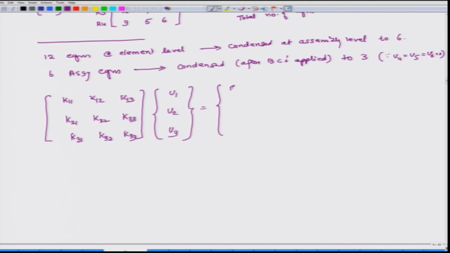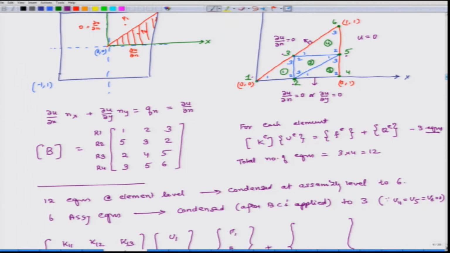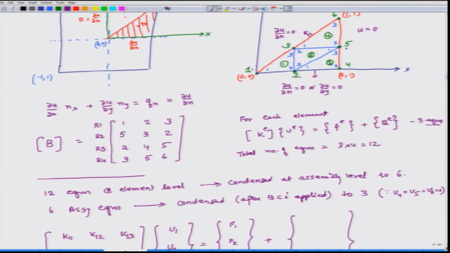And we will have F1, F2, F3 plus a Q vector. Now let us look at the Q vector. At node 1, how many components will we get in the Q vector? Only 1, so I will get Q1 1.